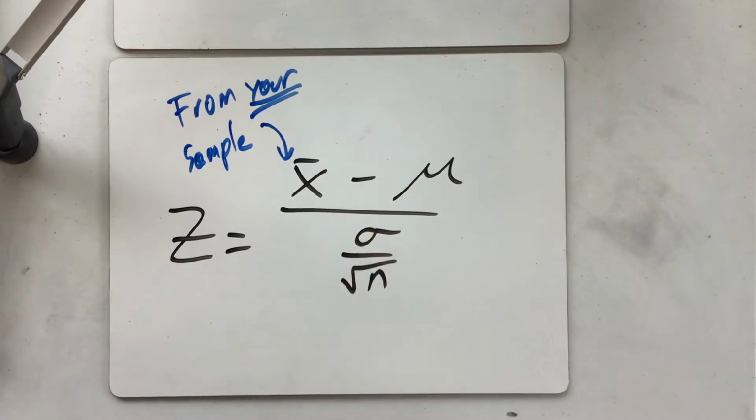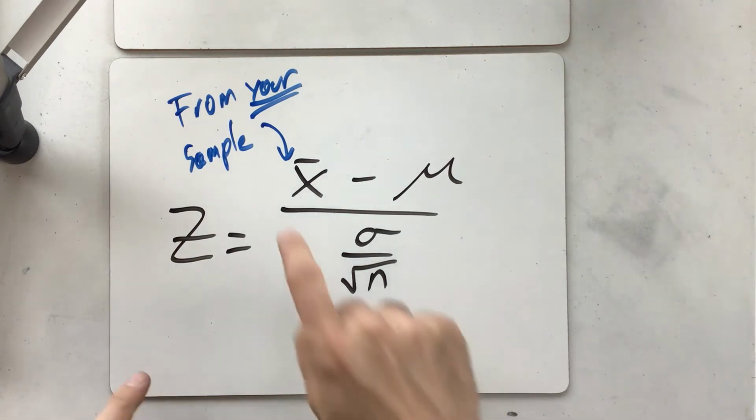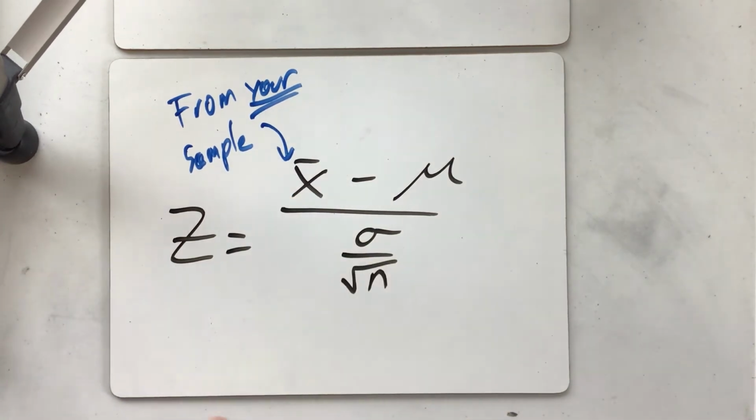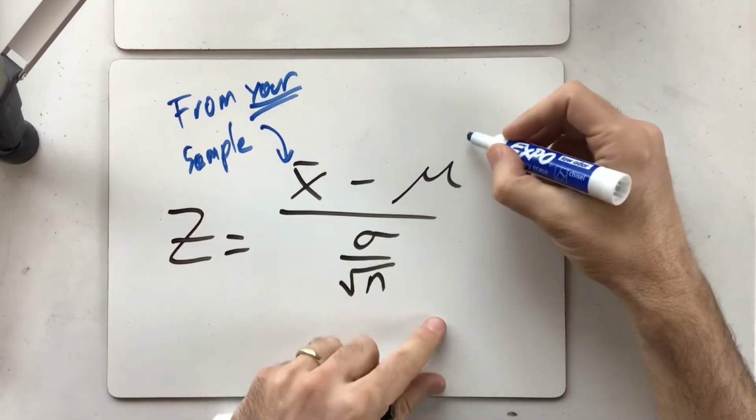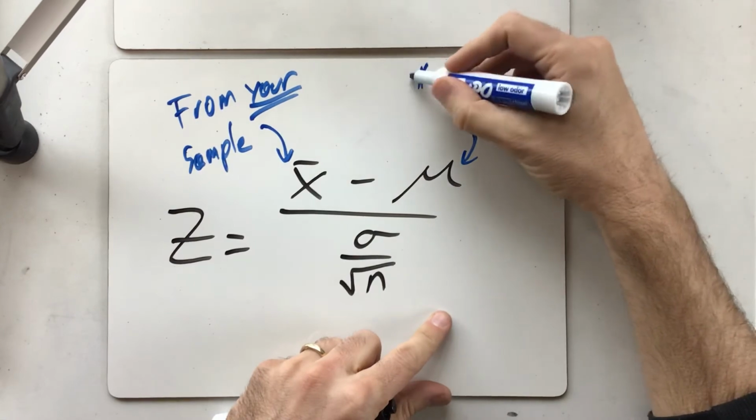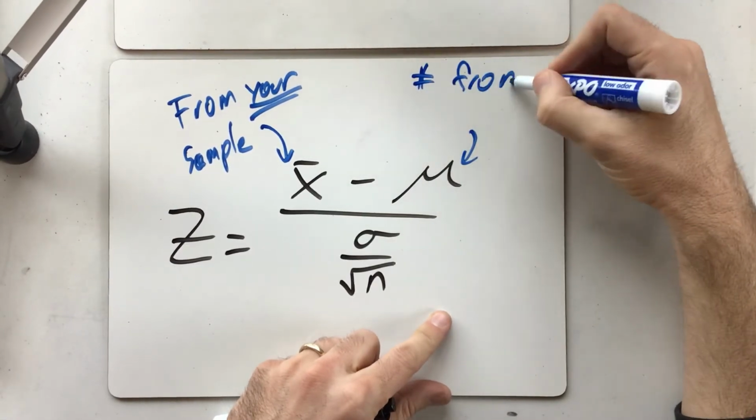And I say your, right, when you read the textbook, they will create their own sample. But if you're doing a project, if you're doing an experiment, if the person in the textbook is doing a project or an experiment, this is the average from the sample.